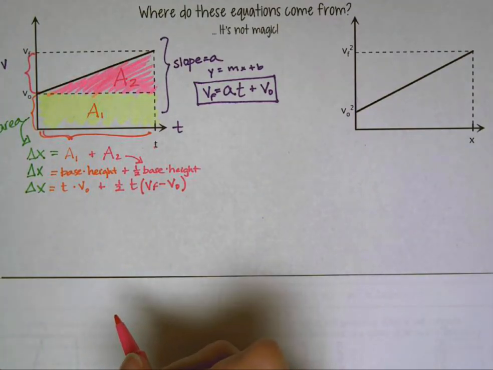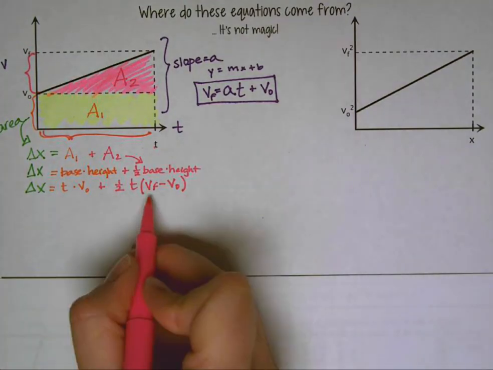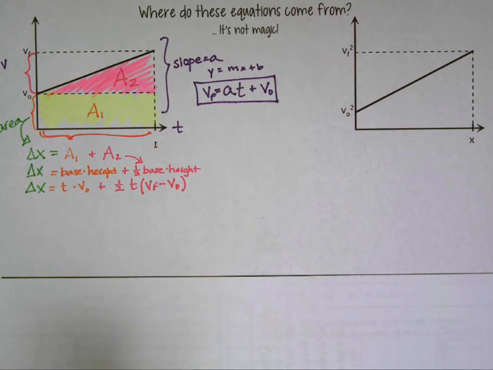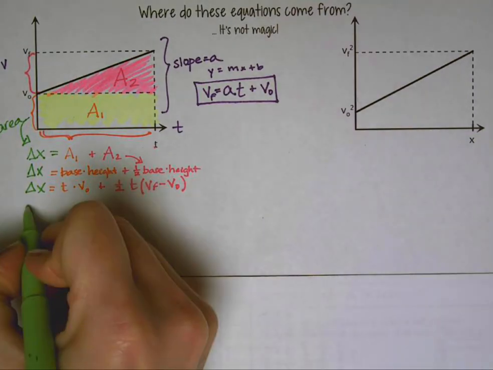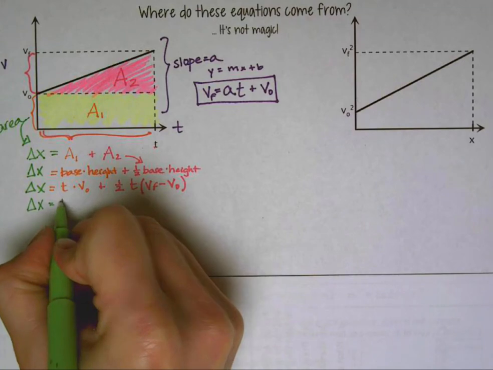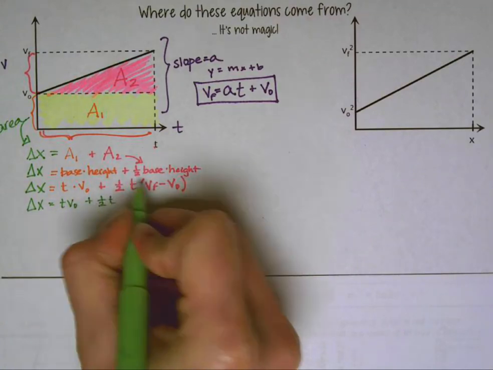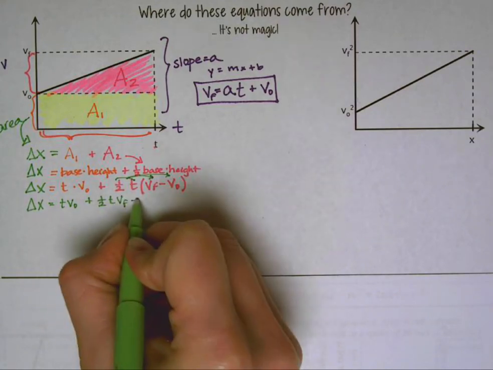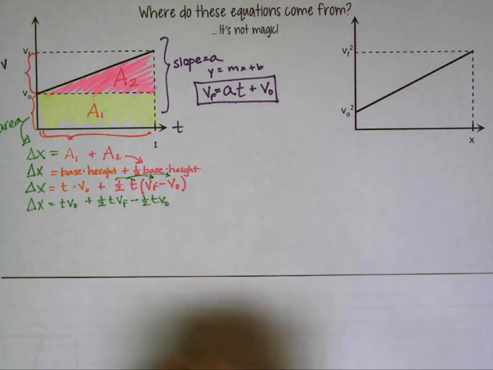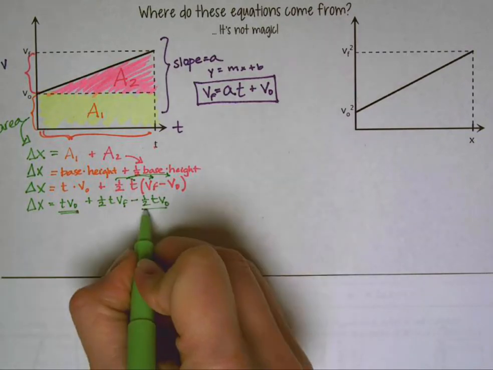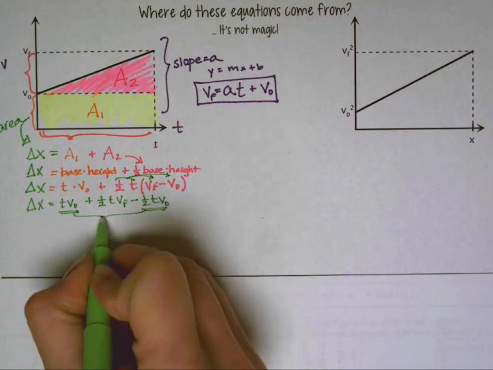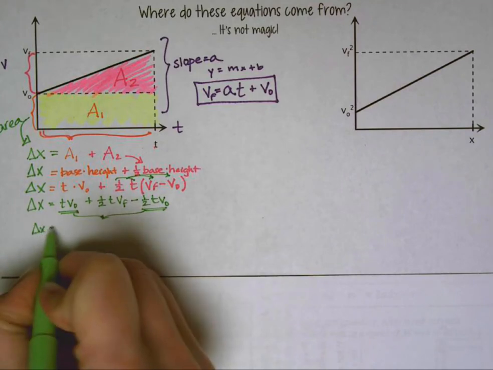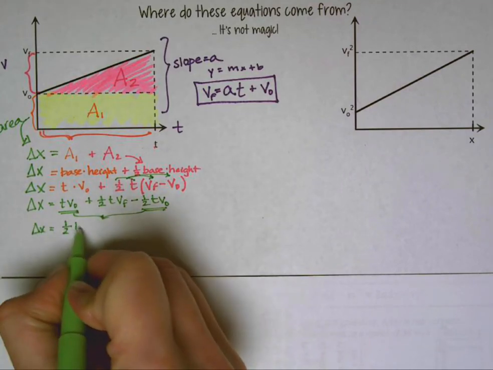We can simplify this and distribute. There are quite a few variables, and we have two v naughts. Usually we don't want to have a separation of variables, so we will simplify. Displacement is equal to t times v naught plus 1/2 t times vf minus 1/2 t times v naught. Notice we have two common terms for v naught, so we will combine those: 1 t v naught minus 1/2 t v naught is equal to 1/2 t v naught.